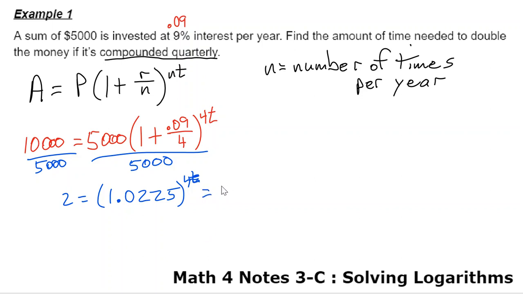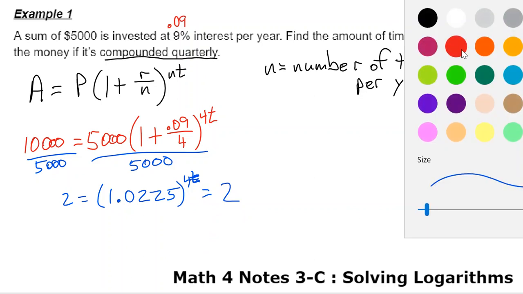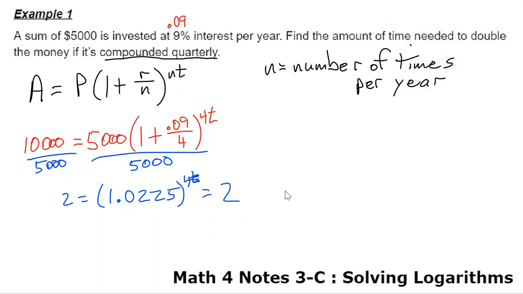And I'm going to go ahead and move the 2 over to this side. It's more convenient with what we've been doing. We're going to turn this around and rewrite it as a log of base 1.0225 raised to the 4t goes over there is 2.